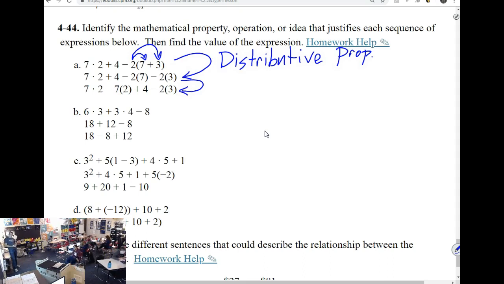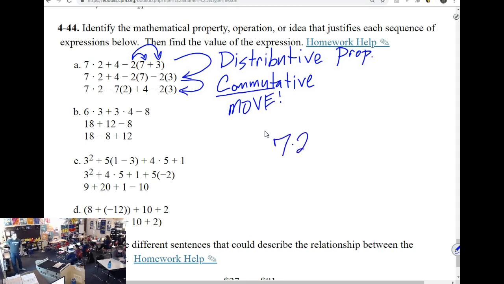Then they seem to move some things around. That's commutative. Moving things around is commutative, because to commute means to move. Then we would copy down what they have.